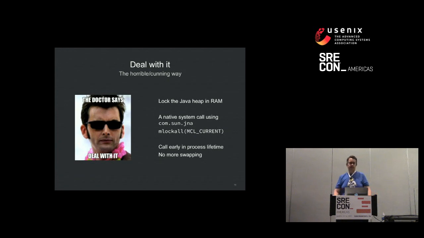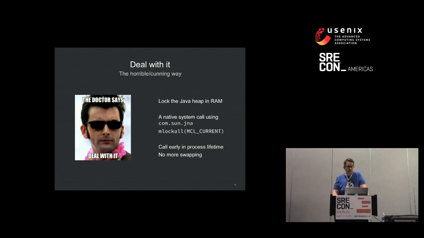So here's the horrible way of dealing with it. You have a Java heap, and you do a system call, mlockall, with this magical argument MCL_CURRENT. What that does is tell the kernel, walk through all the memory mappings that this process has at this moment, and mark them with a special magical flag that basically prevents them from being swapped out.